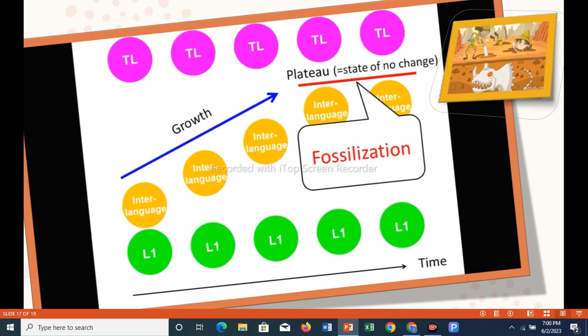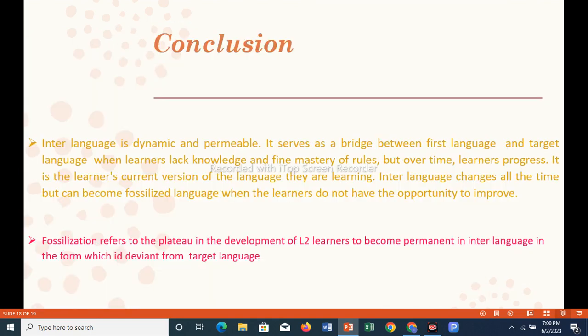But the topic of the presentation was limited, so we are concluding the presentation: interlanguage is the status between the first language and the target language, and fossilization basically refers to the development of N2 learners. And this plateau, the slope in the growth of the language of N2 learners, can become permanent.